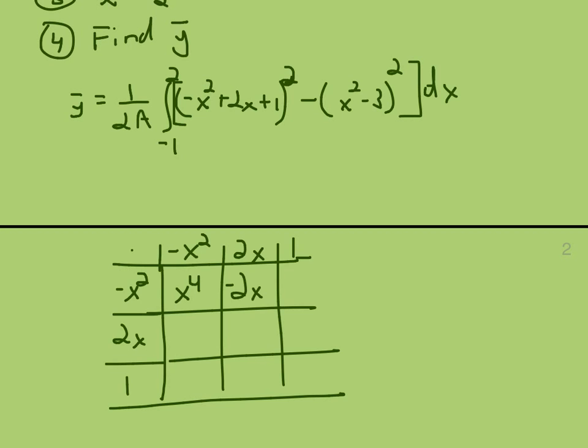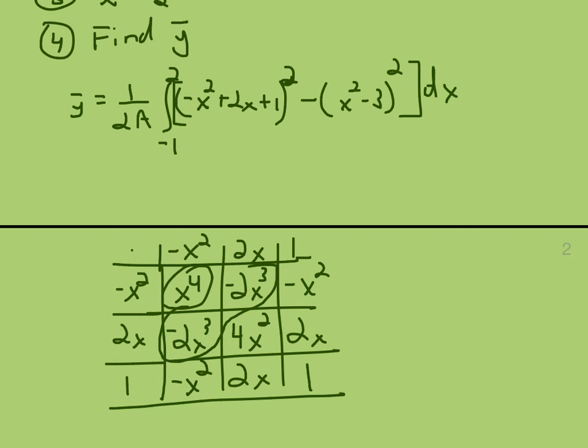Negative 2x cubed, negative x squared, negative 2x cubed, 4x squared, and a 2x, a negative x squared, a 2x, and a 1. What's nice about this is that when we do it this way, the terms get easily combined along diagonals. My fourth degree term, my cube term, my square term, my x term, and the constant.